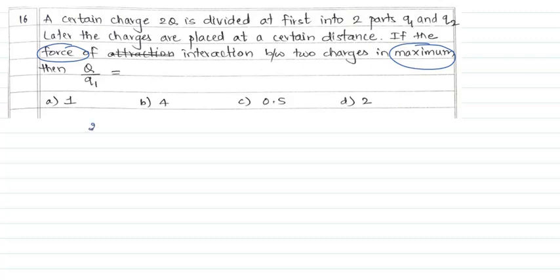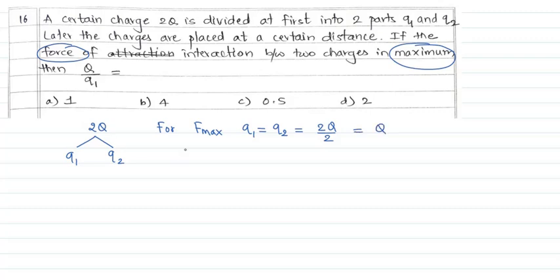Means in this problem, 2q is divided into two parts q1 and q2. So for F max, q1 will be equal to q2 and that will be half of the initial charge, that is 2q by 2. So you can say q1 is equal to q2 and that is equal to q.